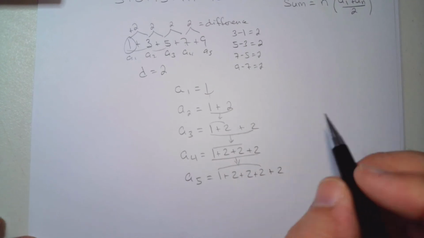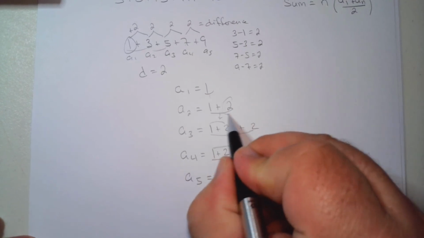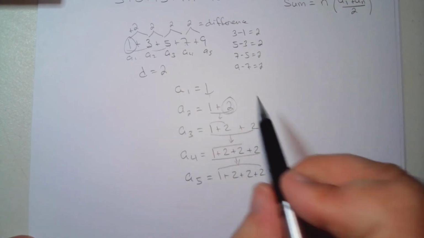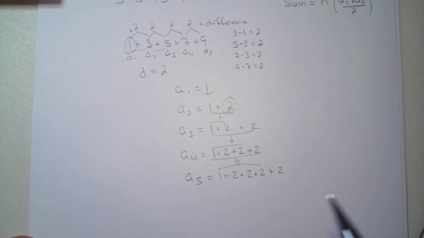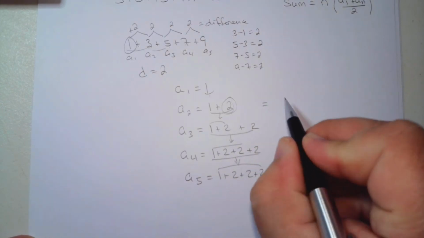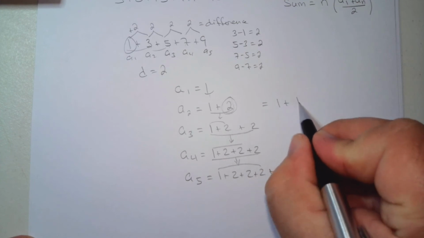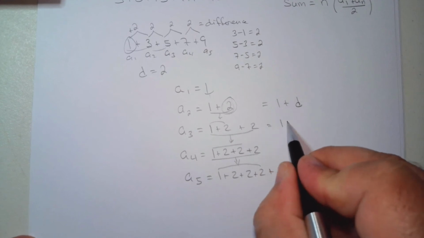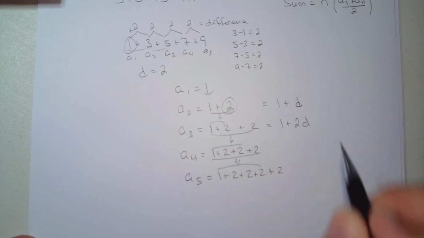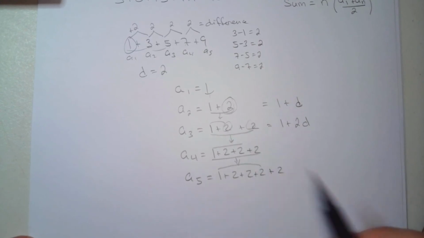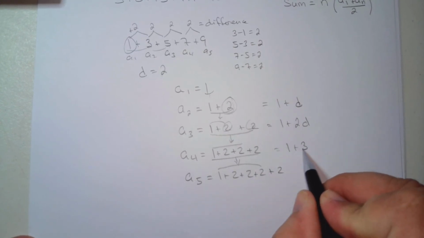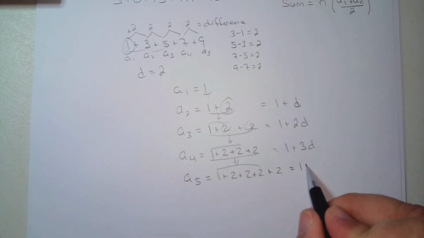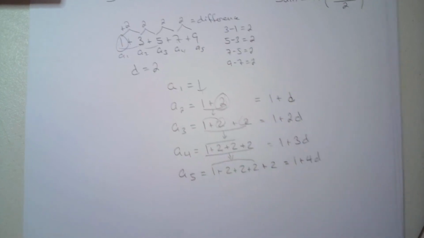Now, let's figure out a formula for this. How does this number fit in? Well, it's the difference. If we notice, every time we added a difference to it. So it's 1 plus the difference. 1 plus twice the difference. 1 plus 3 times the difference. 1 plus 4 times the difference.